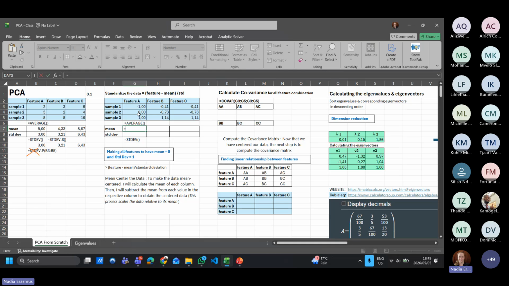Okay, and then we can again get our averages. We can get our average, and this is for feature A. This time I'm just going to drag it sideways because it's just going to pick up and give our averages. And we have our standard deviation. Let's do the S one again. This one will be 1. That is good.